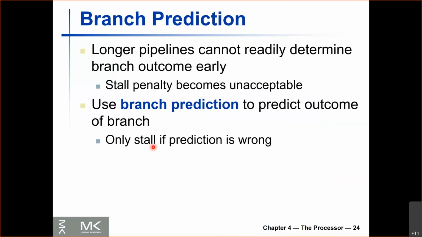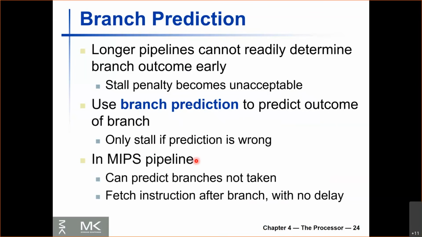Now in the MIPS pipeline that we will cover in class, we're going to predict that branches are always not taken. That way, if the branch is not taken, we will not pay any stall penalty. But if the branch is taken and we predict incorrectly, that is when we will pay the stall penalty.